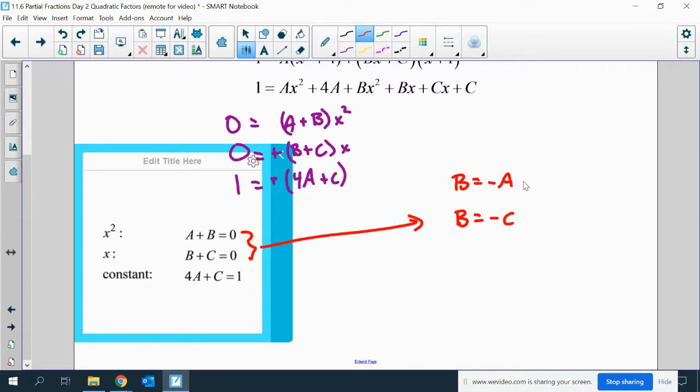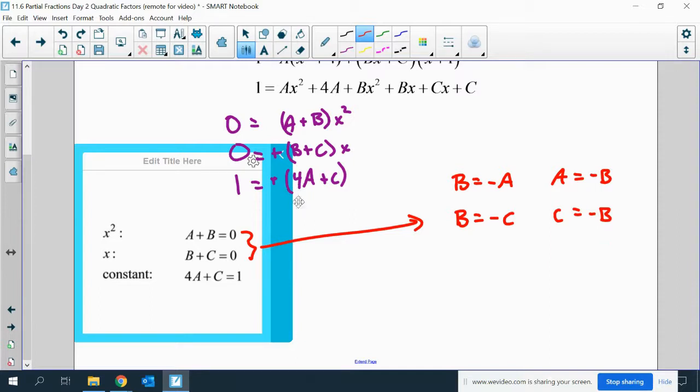And then I can do some manipulation if I needed to in order to solve something. I can solve for A or B or C, whatever I wanted to solve for first. But I'm actually going to solve for B first. I'll also notice that A is equal to negative B and C is equal to negative B.